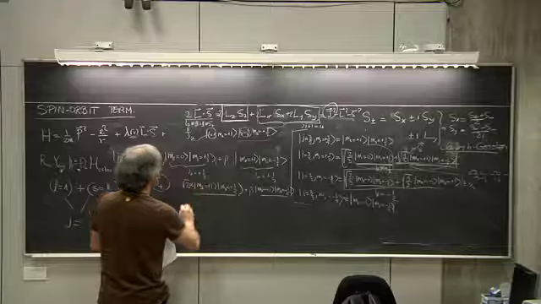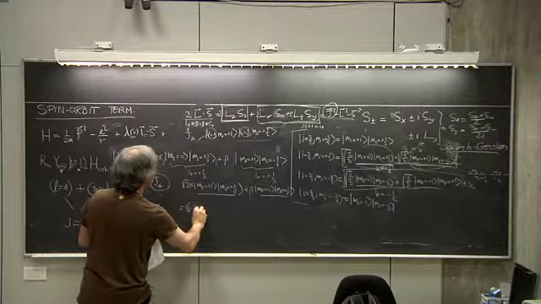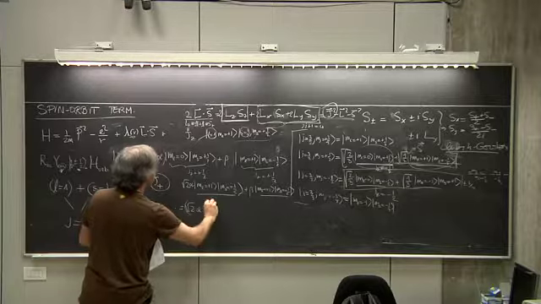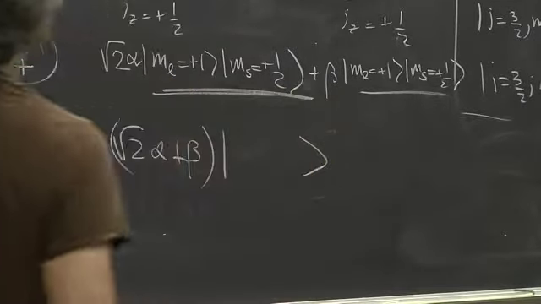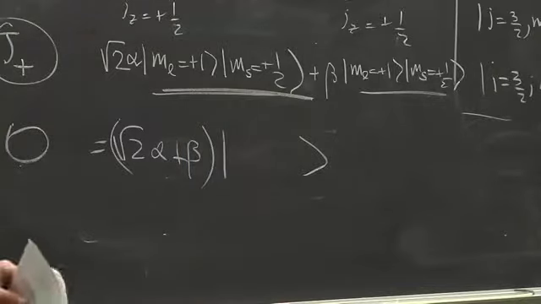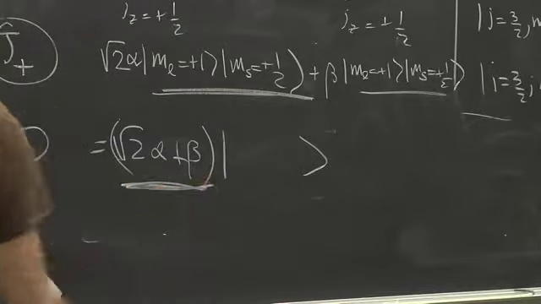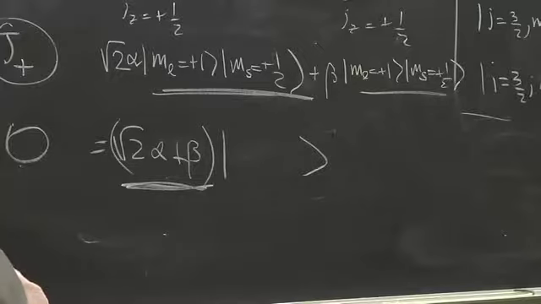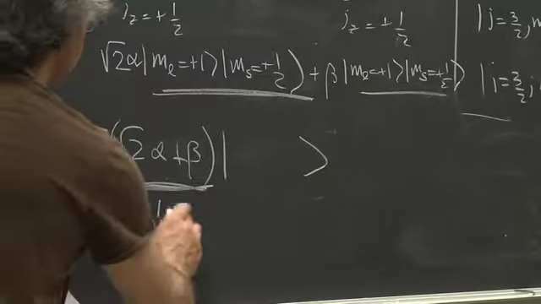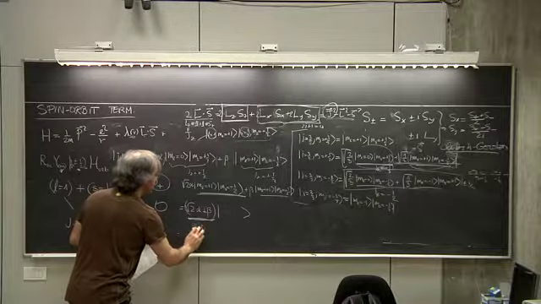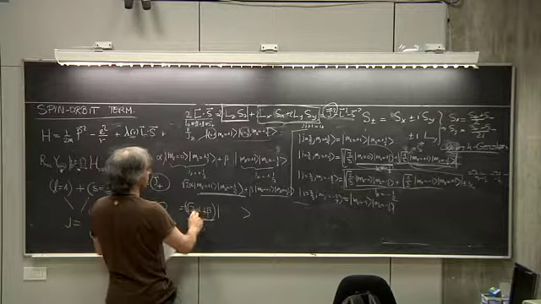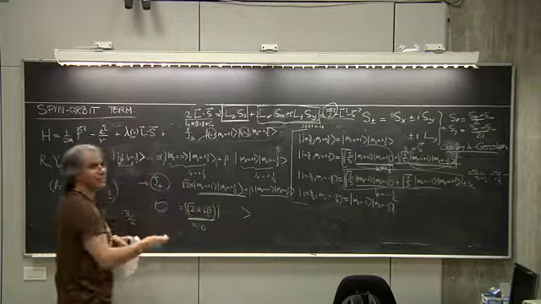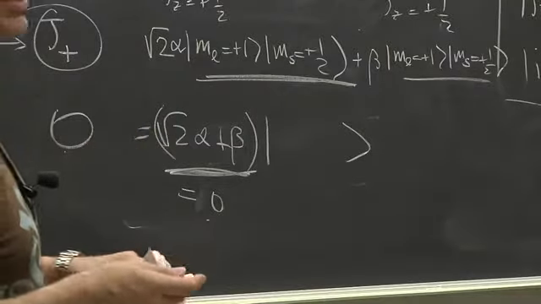So you can collect the things, and you have square root of 2 alpha plus beta in front of this state. But in order for this to be 0, the only possibility is that square root of 2 alpha plus beta is just 0. And you see that one obvious solution of this, I mean, you can find several solutions, but then you have to normalize.